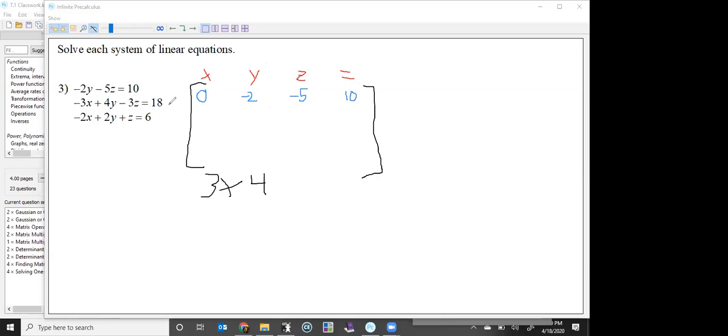My x value for the next one is -3. The y is 4. The z is -3. And the equal to is 18. -2, 2, 1, 6. Right? So there's the equation that I'm supposed to get.